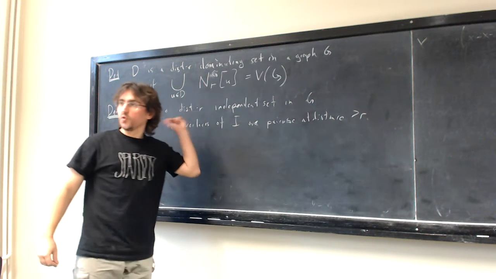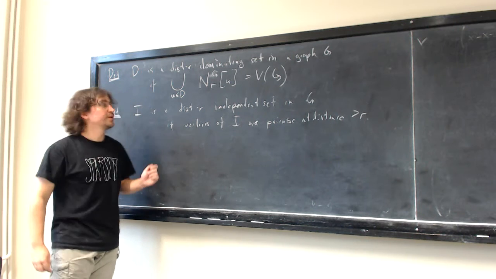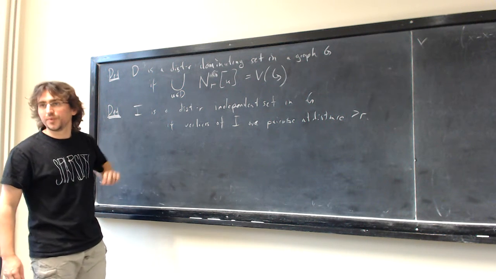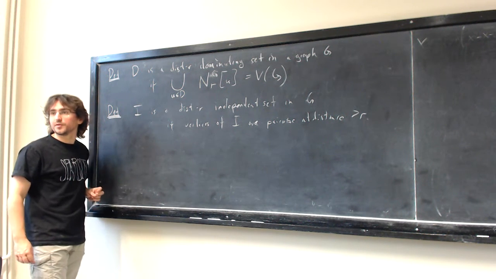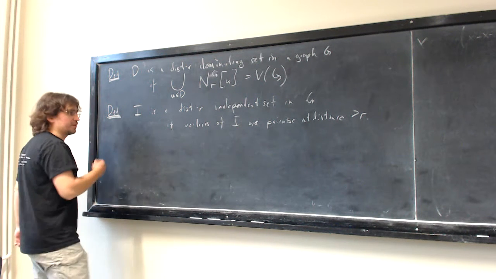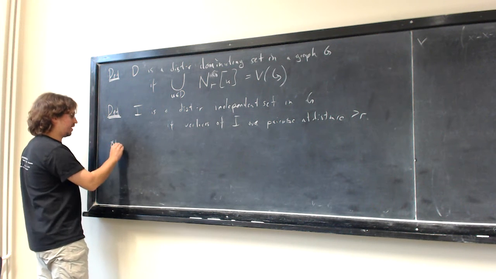So a distance 1 dominating set is the classic dominating set, and a distance 1 independent set is the classic independent set. Yes?